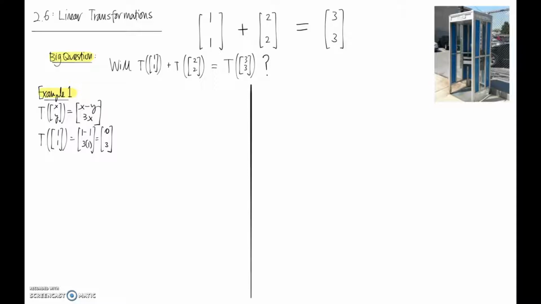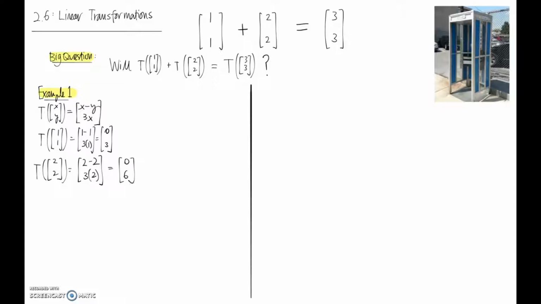Then (2, 2) is going to go to 2 minus 2 over 3 times 2, and that's (0, 6).